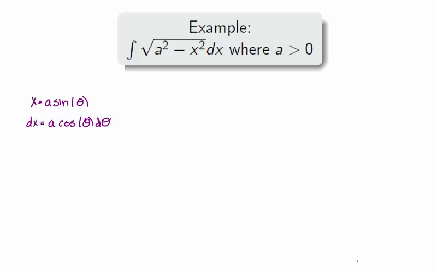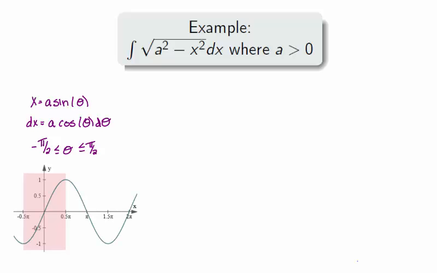Now x is a function of theta. Remember, at some point we will want to convert back to our original variable x. So we will restrict our range of theta to negative pi over 2 is less than or equal to theta, which is less than or equal to pi over 2, as sine of theta is 1 to 1 on this range. It passes the horizontal line test.